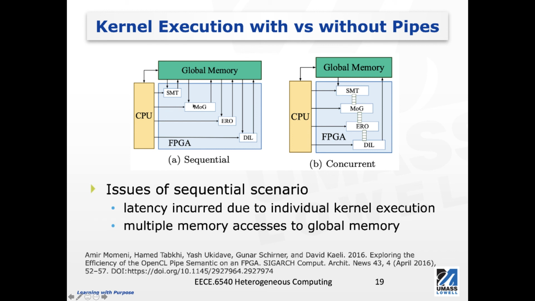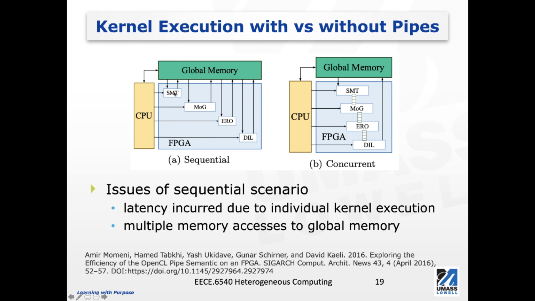Then for the next stage, the intermediate result will be read again from the global memory, processed, and stored back. And we do the same for the ERO stage and DIL stage as well.